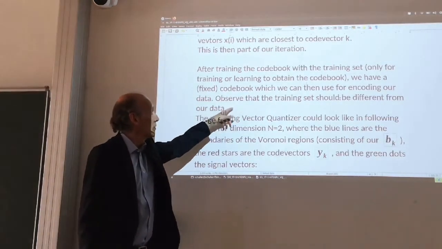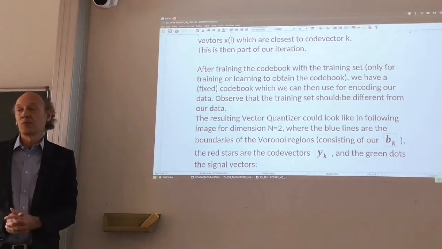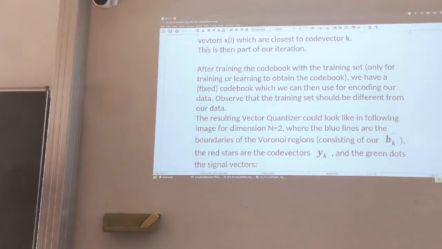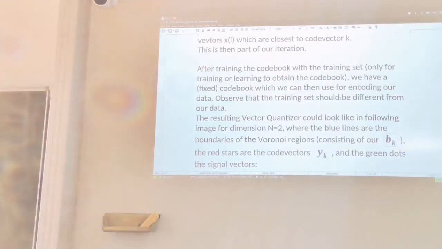Observe that the training set should be different from our data, and which in general is. So before we use our code vectors, the codebook, we train it, and then we use it for, say, encoding speech in the telephone network.